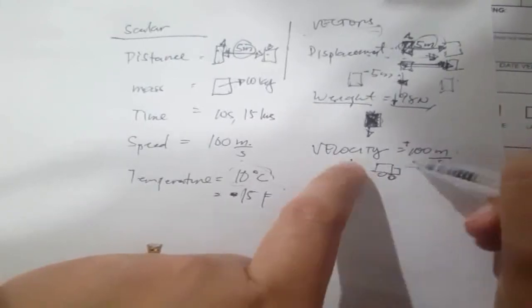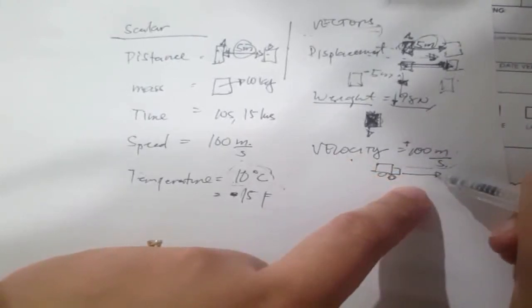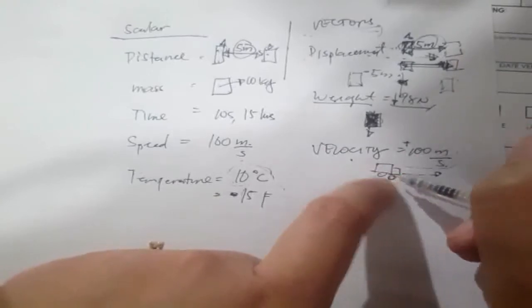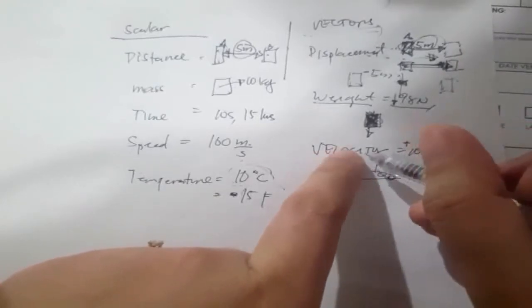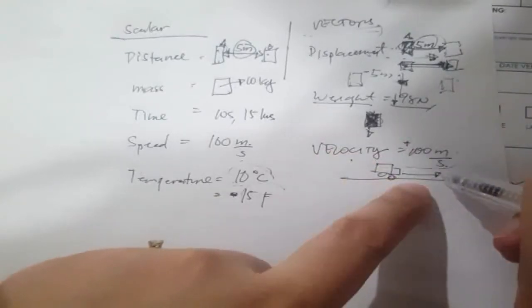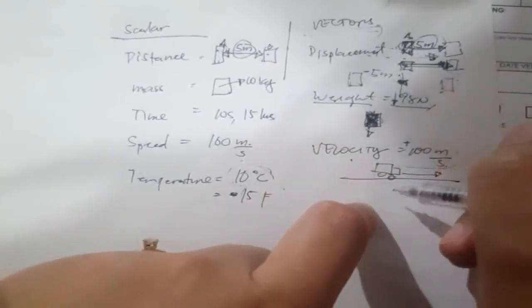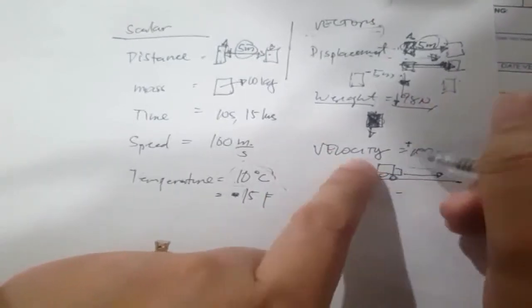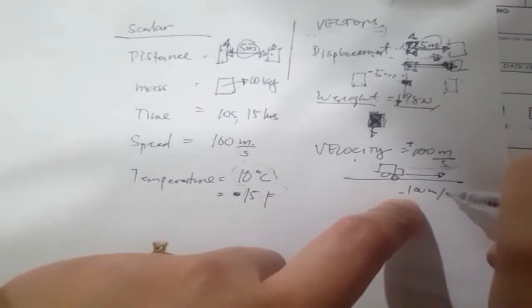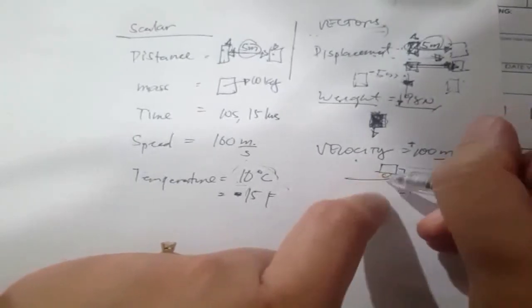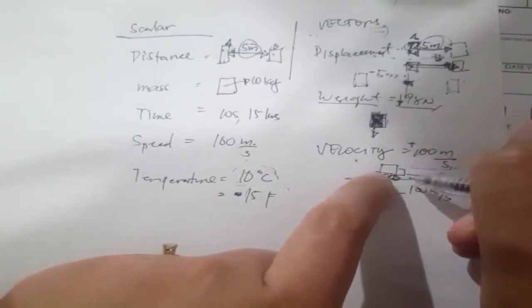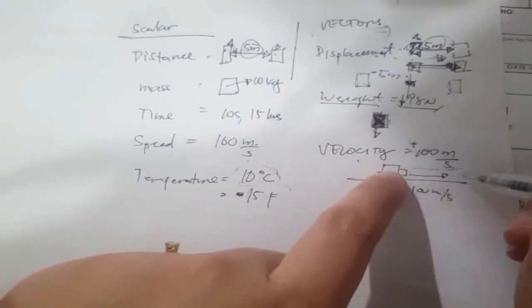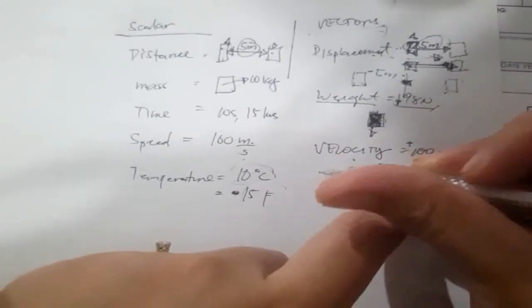For example, we have a car here with a velocity of 100 meters per second going in this direction. We can indicate the velocity of the car as positive, going to the right, or when we say the velocity of the car is negative 100 meters per second, it only indicates that from our reference point or direction, it goes in the opposite direction.